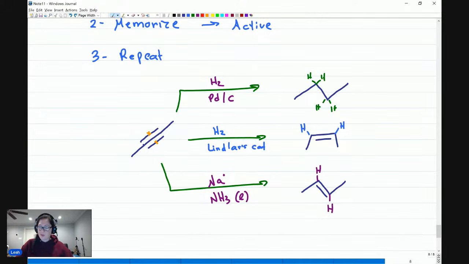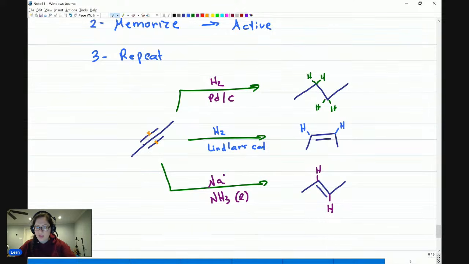That is to remind you that that is a neutral radical sodium. Neutral and radical. It's very, very reactive, not like your sodium positive spectator. And so that will give me a radical intermediate. There will be radicals on the other side, and they want to go as far away from each other as possible. That is why we get trans. So this is a reduction where we're not looking at hydrogen atoms. It's a reduction where we're looking at electrons. Same idea, really, but it gives us a completely different outcome.